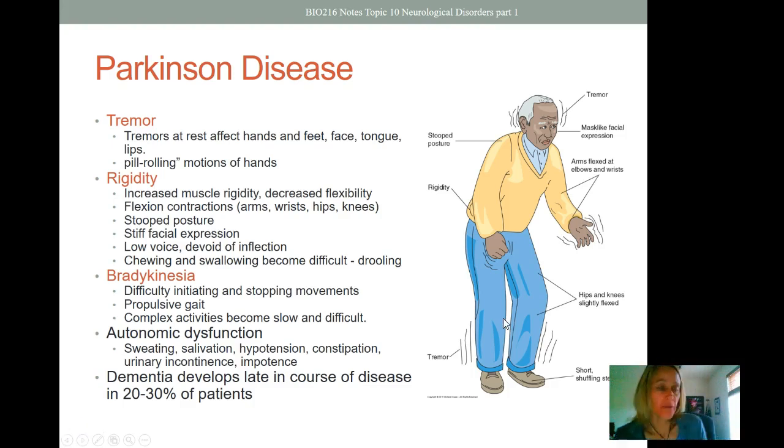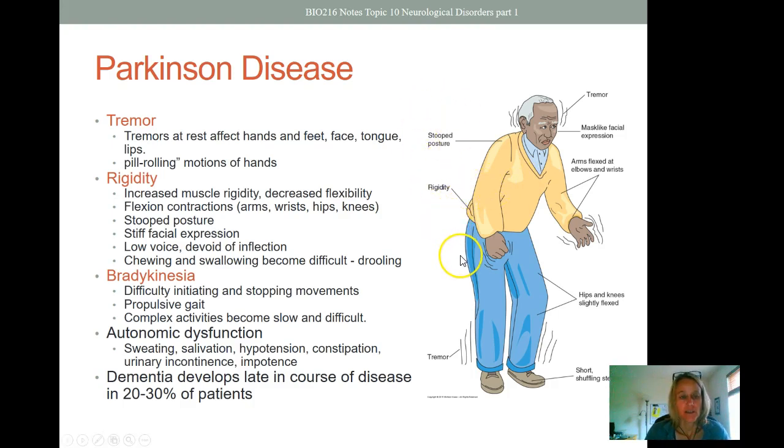The three main characteristics of Parkinson's disease are tremor, rigidity, and bradykinesia. Tremors occur at rest and they affect the hands, the feet, the face, the tongue, and the lips. You can get a pill rolling motion of the hands, increased muscle rigidity, and decreased flexibility.